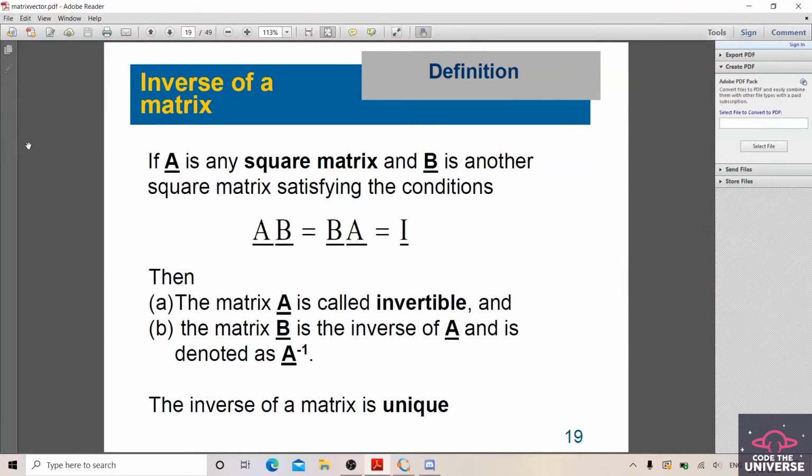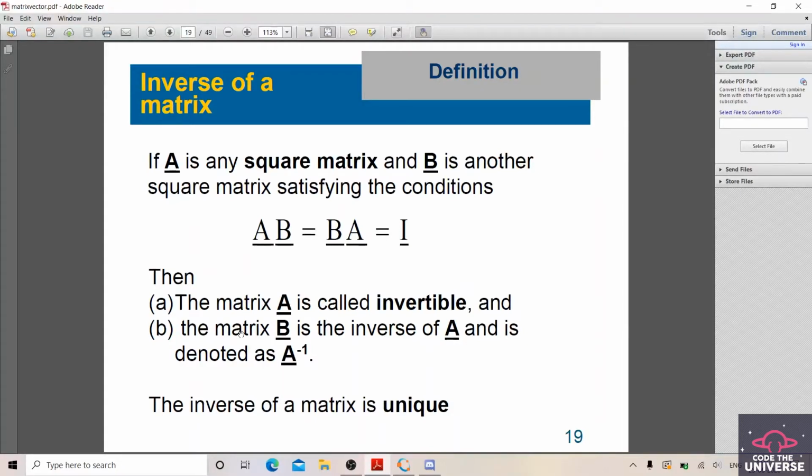Just understand that there are pre-existing conditions for a matrix to be invertible, the most important of which is that, first of all, the matrix should be a square matrix. And remember that this inverse is denoted by A inverse. I hope you understood that, and also understand that the inverse of a matrix is unique.